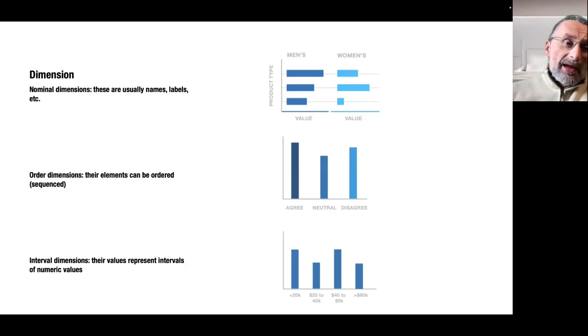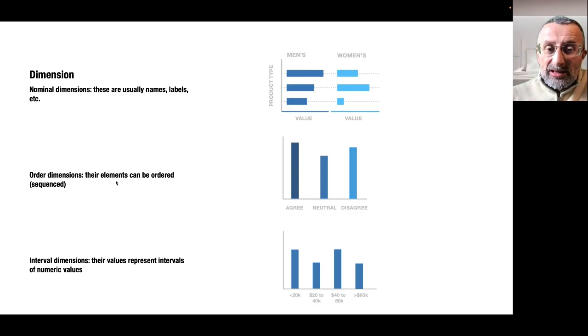Okay, and now another aspect. We have three different types of dimensions, categorical variables. Nominal dimensions, these are usual names, labels, and that's what we're used to. Like, for example, this is a man, this is a woman, this is a cat, dog, or tree, computer, whatever, just a simple name.